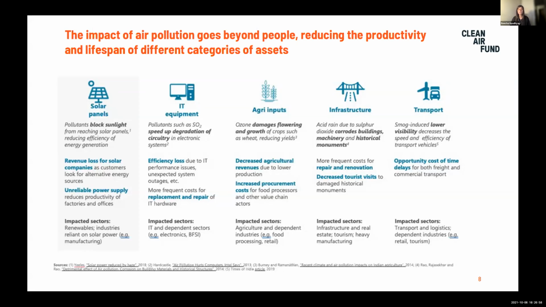Broadly around some of the other assets, IT equipment was getting degraded much faster due to SO2 in the air, which was making it more expensive because the hardware needed to be changed more frequently. Agriculture outputs were also getting impacted because they were getting damaged. Infrastructure generally, like roads and buildings, were getting impacted because of sulfur dioxide in the air. And transportation was getting impacted because of delays due to smog and low visibility days.